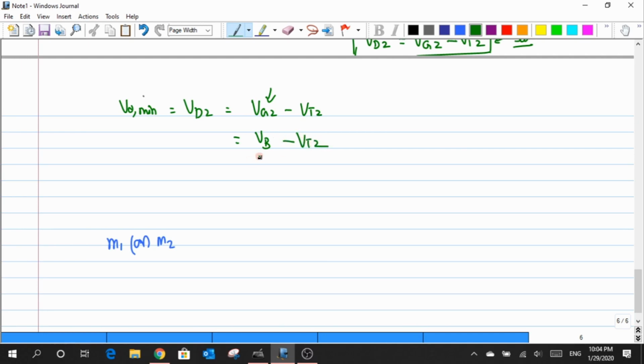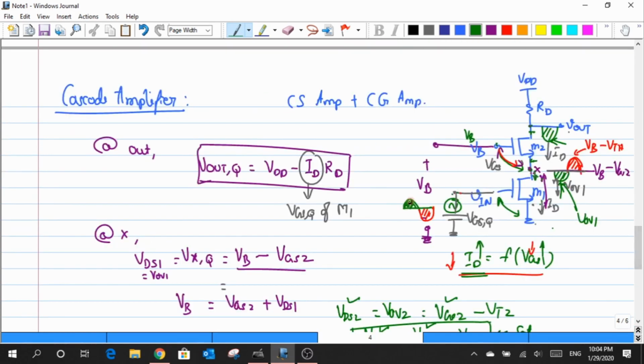This is nothing but my VB minus VT2. Whenever there is a positive swing, we found that not only is the Vout stepping down in the negative direction, but my Vx node is also stepping down. So when I am at the top of this positive swing, I'll be exactly at the most negative part of my Vout as well as the most negative part of my Vx node.